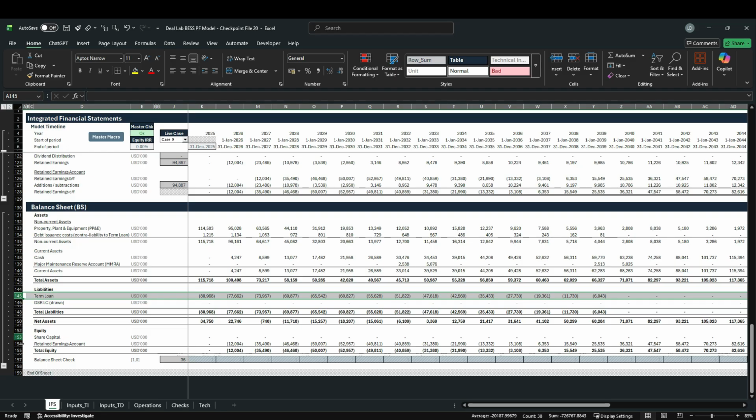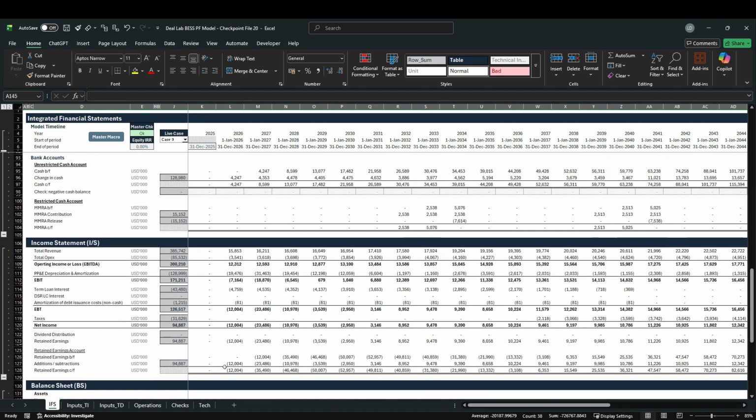What's still missing, however, is the equity side and our share capital, which is why we still get a balance sheet error. And in our income statement, you will also see that we have our term loan interest now reducing our net income, as well as the amortization of our debt issuance costs.